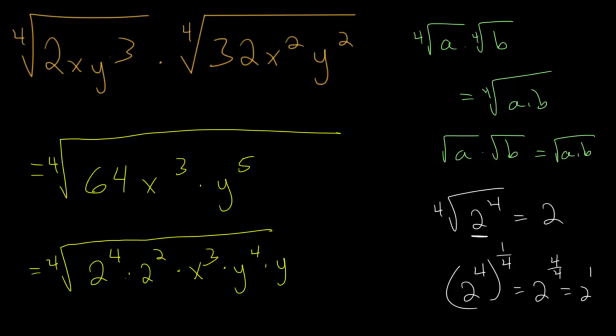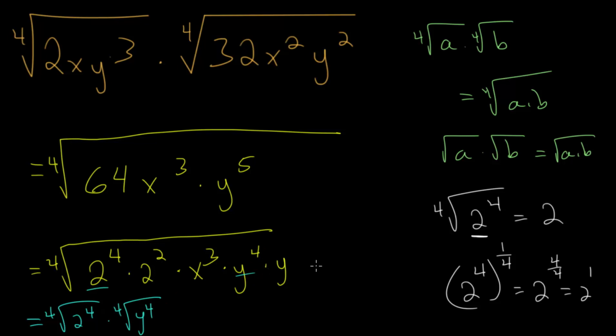And with all of this information, let's now separate out the fourth power terms or factors under here. And we can write them in their own fourth root. We can take the fourth root of 2 to the fourth, that's this part, and the fourth root of y to the fourth, that would be that part there.